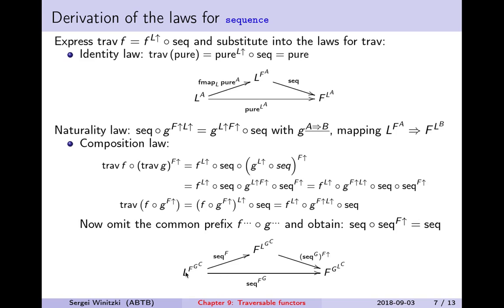And so if we sequence with respect to fg, that means we pull out fg at the same time to the outside, and we get fg of lc. So the result of these two computations must be the same.